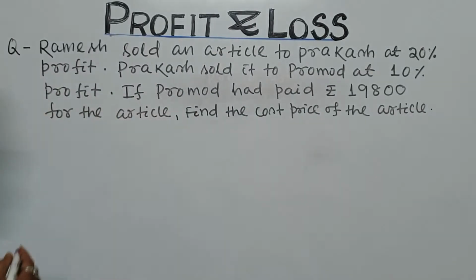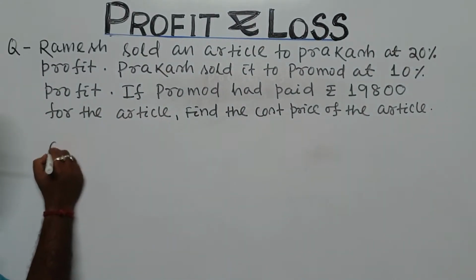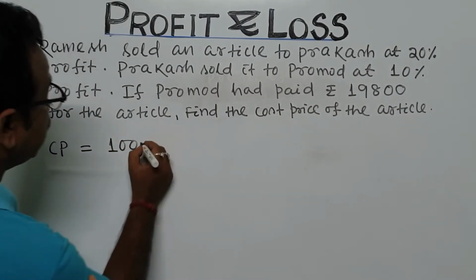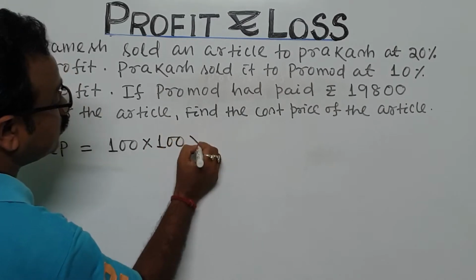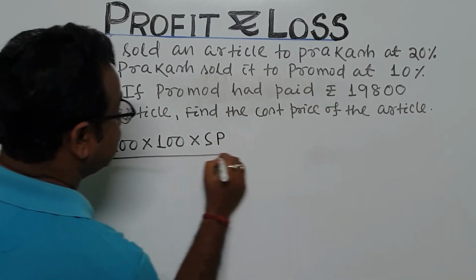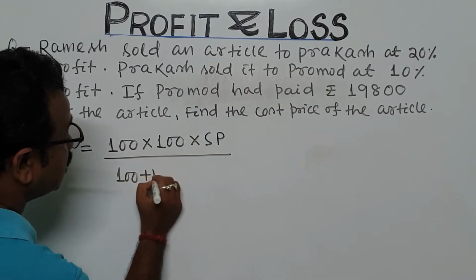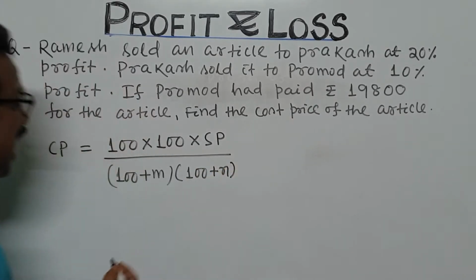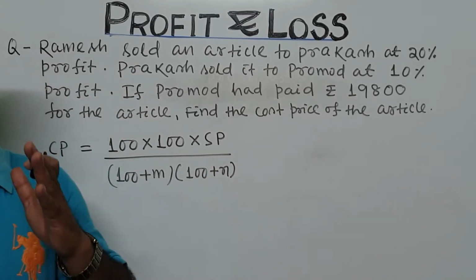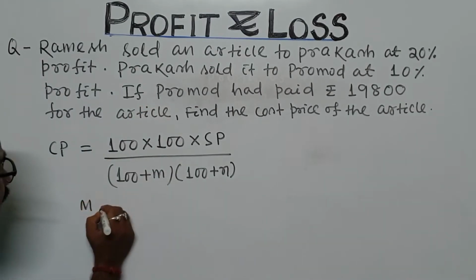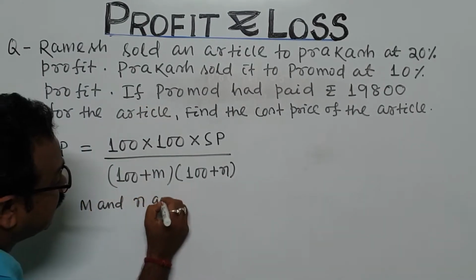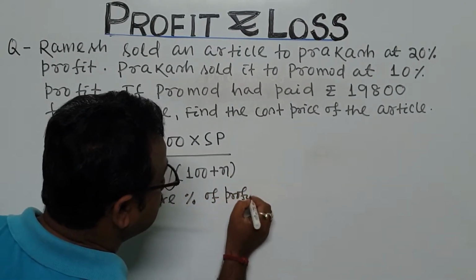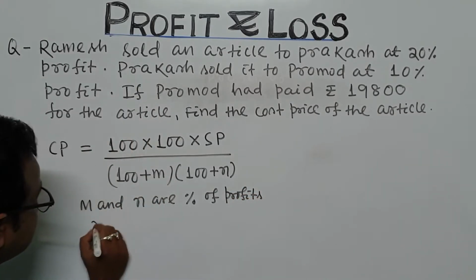So what is the formula? The formula we will write: CP is equal to 100 into 100 into SP by (100 plus M) into (100 plus N). So what are M and N? M and N are the percentages of profits respectively.